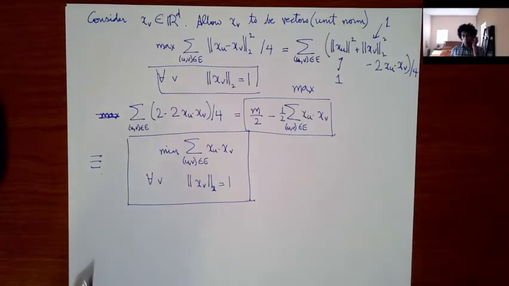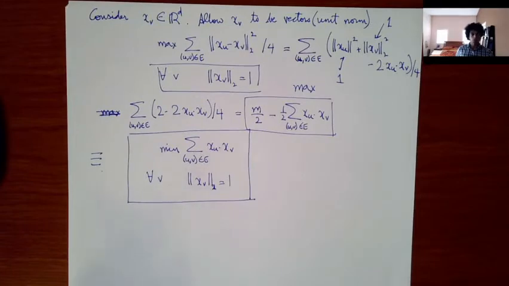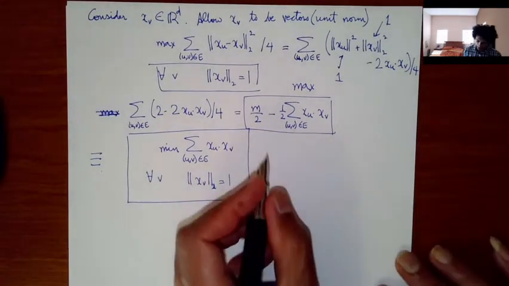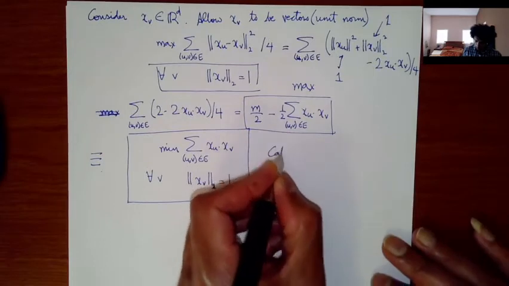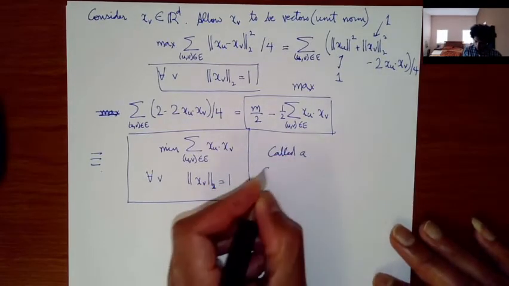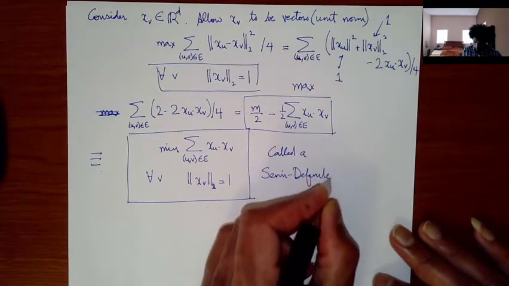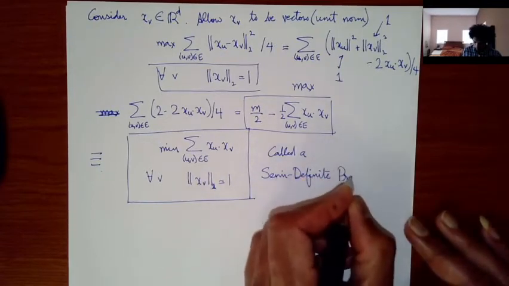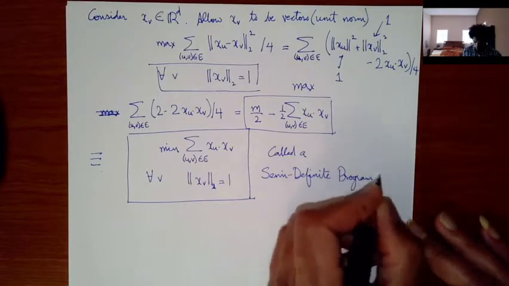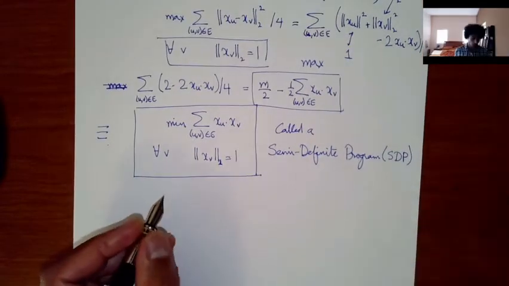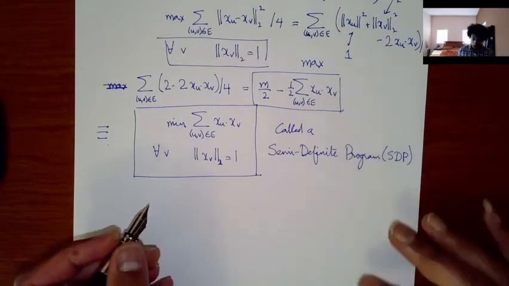Now, why can we solve such a problem in polynomial time? So first, let me tell you what this problem is. This is called a semi-definite program, an SDP. So what are the characteristics of an SDP?